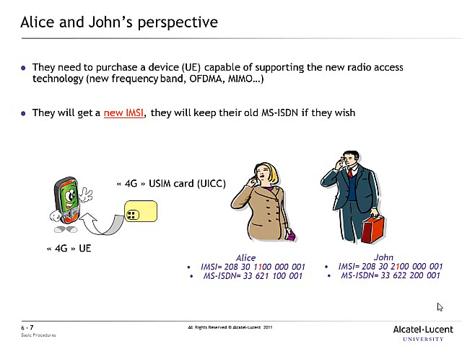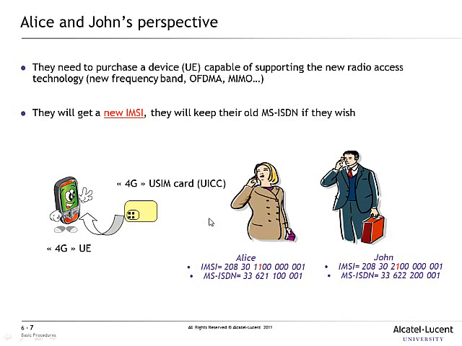Now, it's also preferable to get a new card, because even though you might have had a UICC from a 3G subscription, there are some new features in the 4G card which were not there in the 3G card. Because of that, most operators, vendors and shops selling 4G services will say it's better for you to get a new UICC card, which will obviously have your new IMSI number.